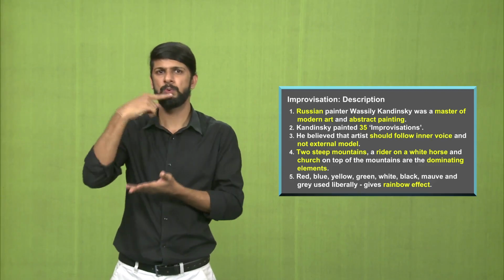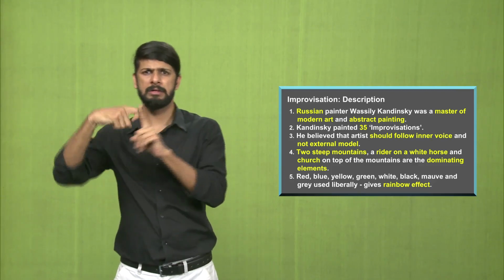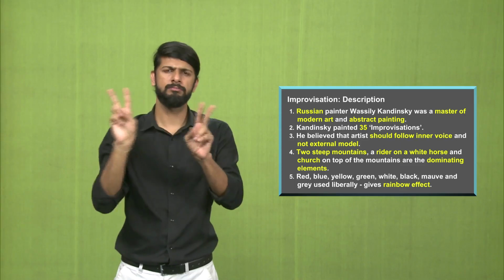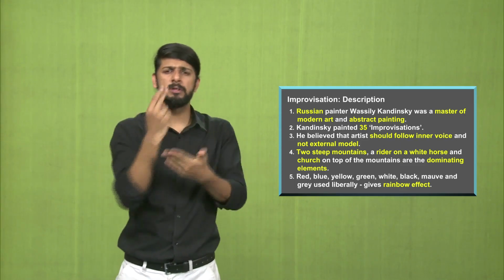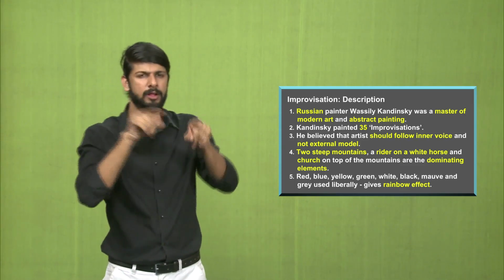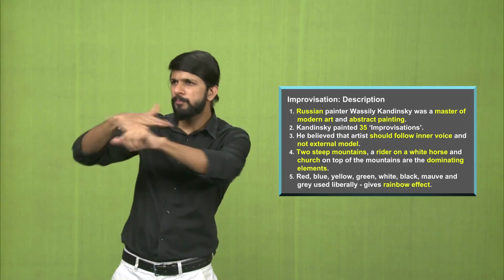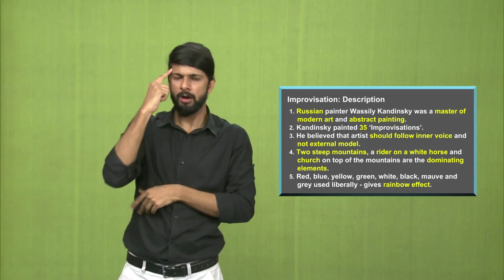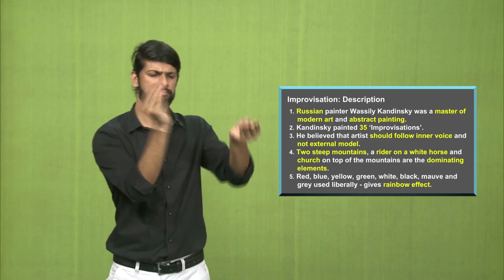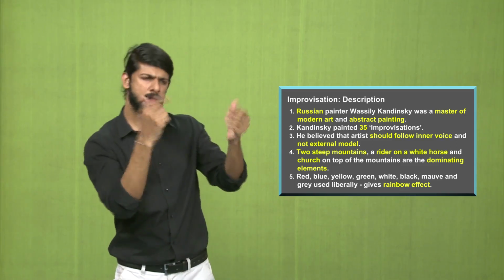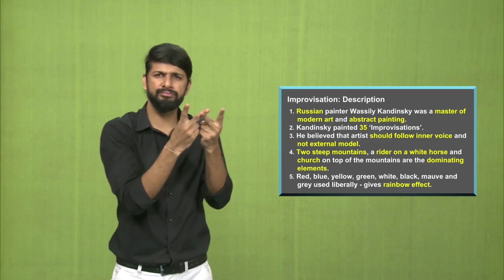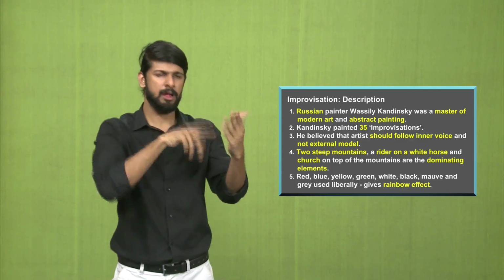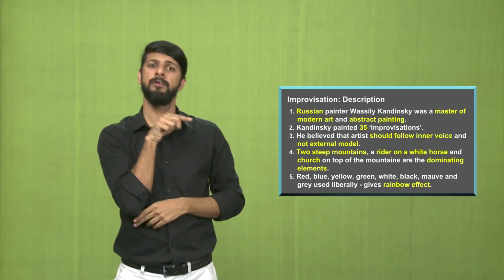Russian painter Vasily Kandinsky was a master of modern art and abstract painting. He would take the elements and then modify them, improvise, to bring out an abstract composition.